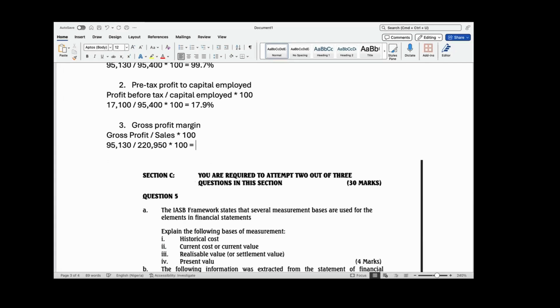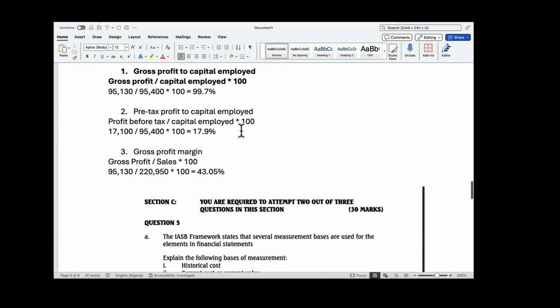What would that give us? That's 43.05. 43.05%. That's our gross profit margin.